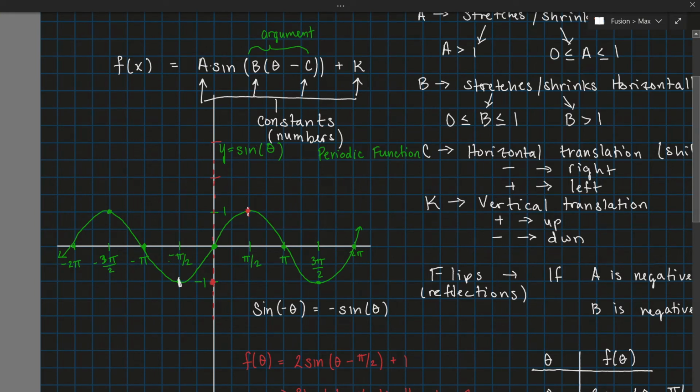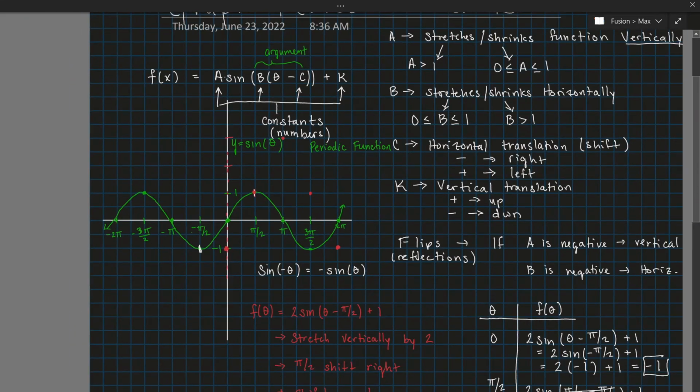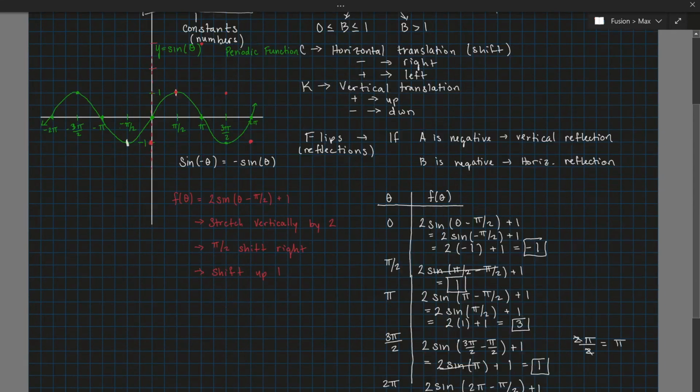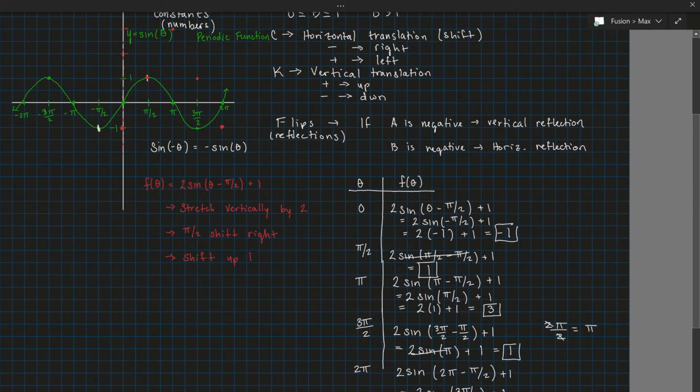So at pi over 2, we had 1. At pi, we had 3. At 3 pi over 2, we had 1. And at 2 pi, we had -1. So -1, 3, 1, -1.